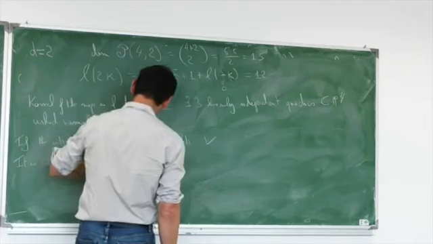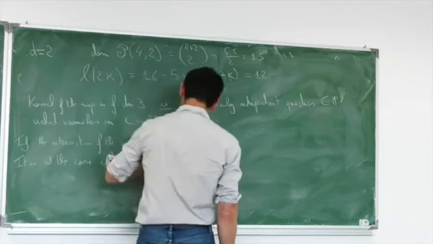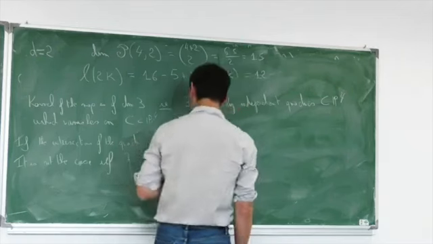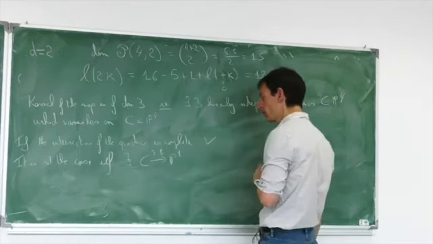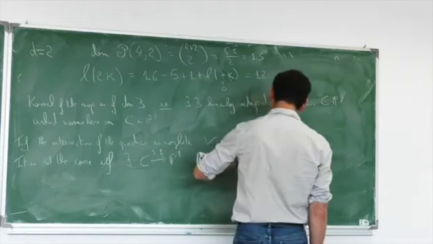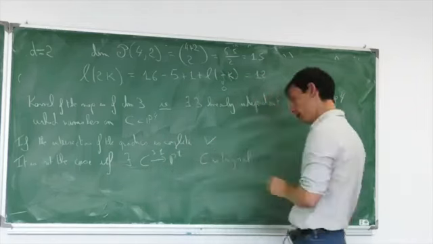If and only if there exists now a map to P1 of degree 3, a non-constant map of degree 3, and we say in that case that C is trigonal. So again, this is a deep result.